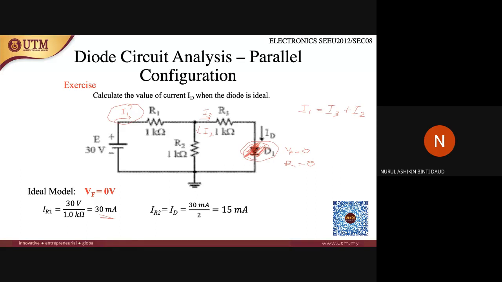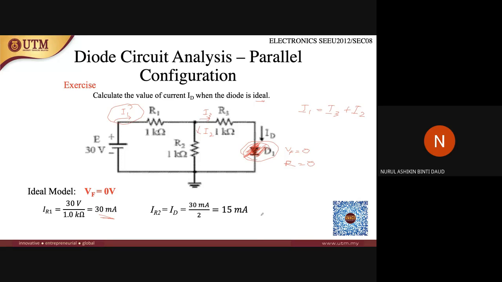Any questions? Do you understand this circuit? But if it is mentioned that the diode is practical, then you have to consider the value of the barrier potential.